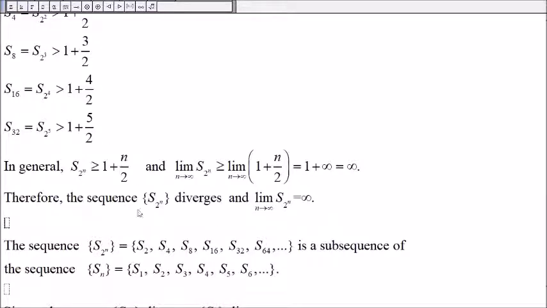And up here we have shown that this subsequence diverges to infinity, and therefore the sequence s sub 1, s sub 2, s sub 3, s sub 4, and so on, the sequence s sub n also diverges. So one more time, the subsequence s sub 2 to the n diverges, and it is a subsequence of this sequence, and therefore this sequence also diverges.